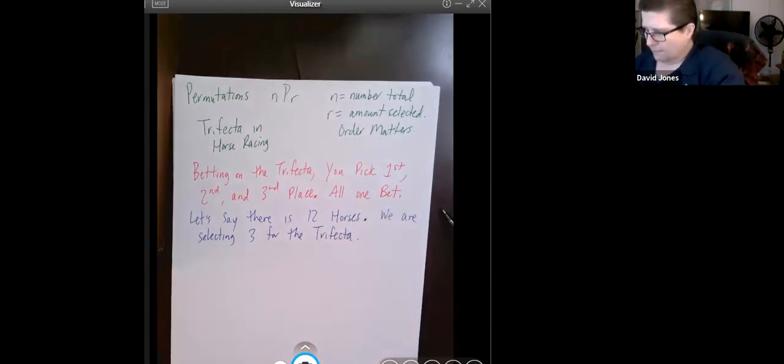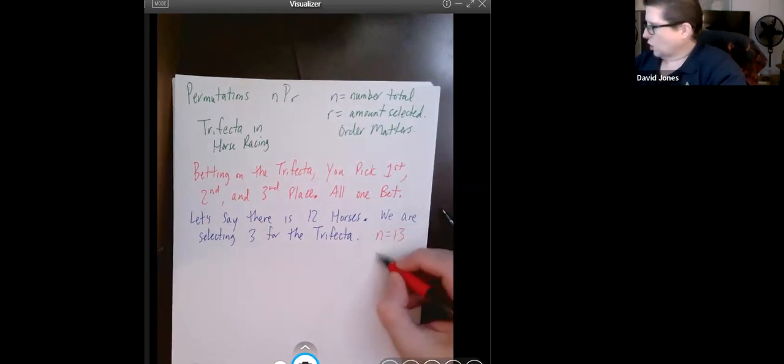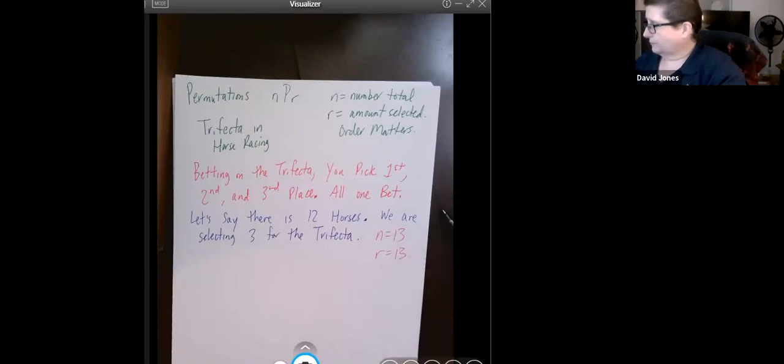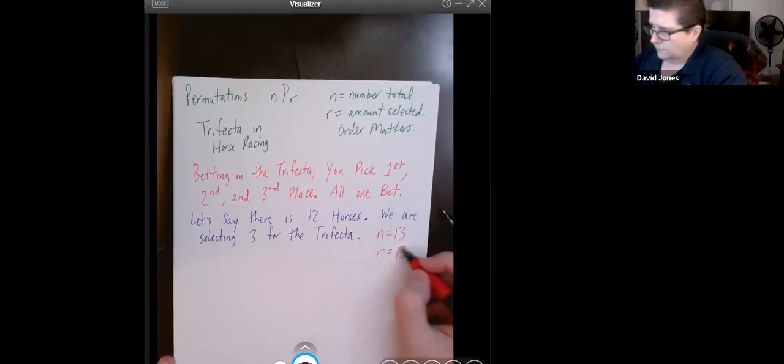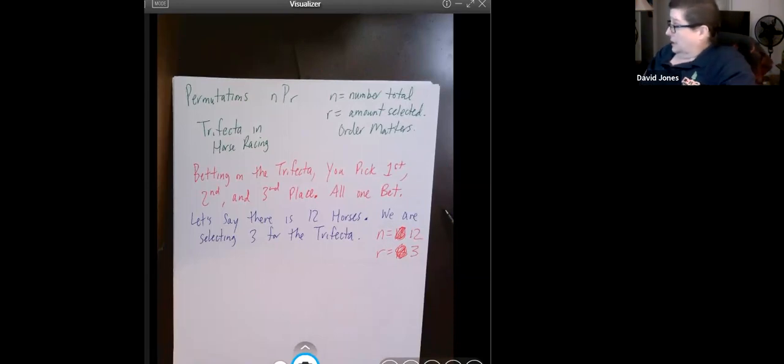That means my N is 12 and my R is 3. N is 12, R is 3. Okay? And this is just going to show the number of possible permutations, the number of possible outcomes.